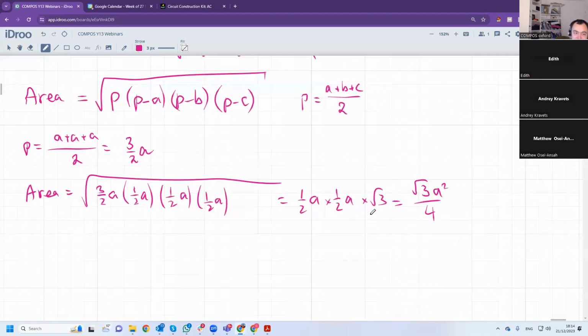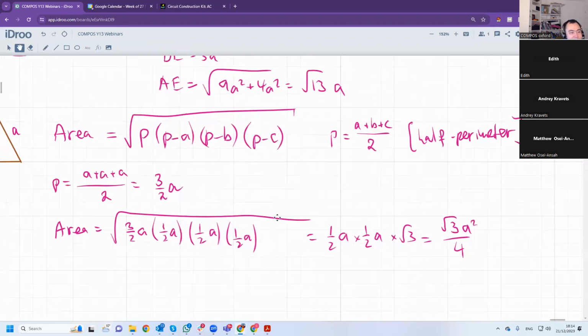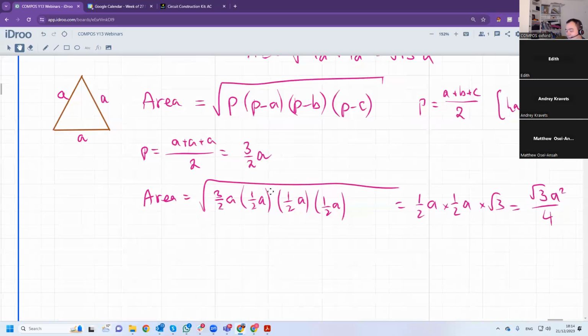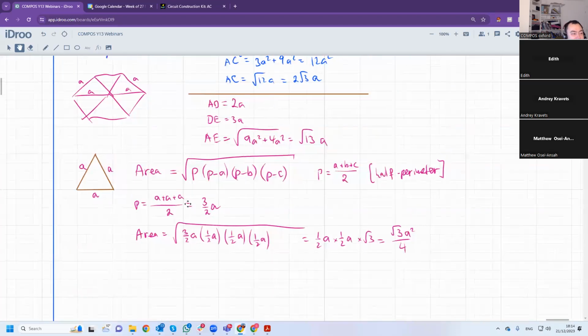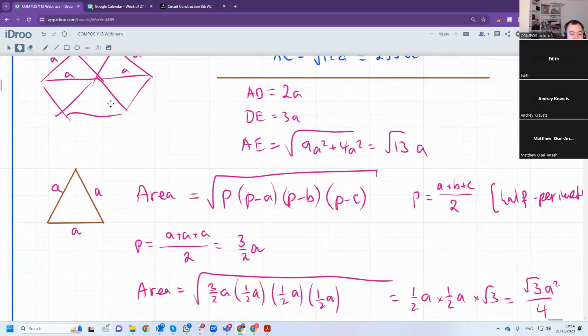P is half perimeter. Okay, and yeah, so that's the area of, oh sorry, not right angle triangle, an equilateral triangle. That's the area of an equilateral triangle. And there are 6 of those.